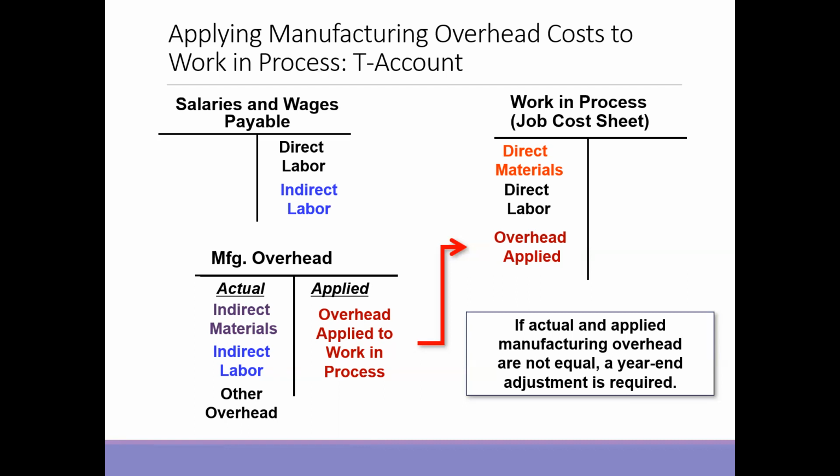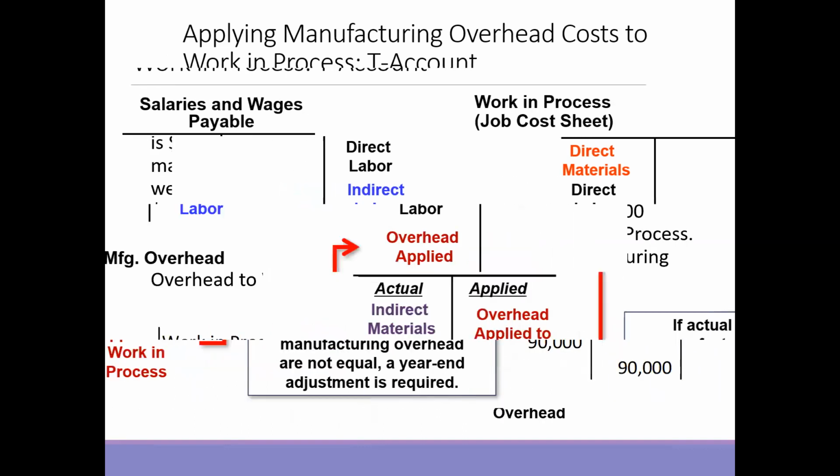So we're applying it. Once the true numbers come in, we'll then know, did we over apply manufacturing overhead, which means send more to the jobs than we really had in actual cost, or under apply, which means we underestimated what our manufacturing overhead would be. Therefore, we've got more costs than what we thought.